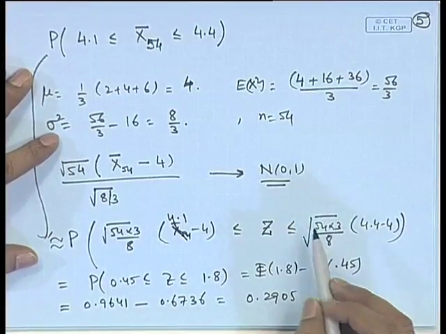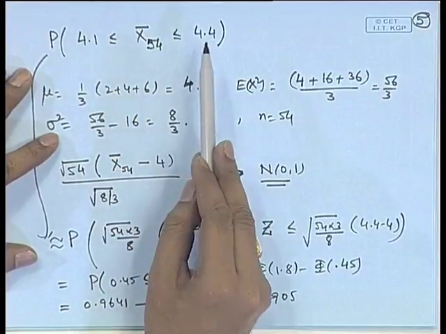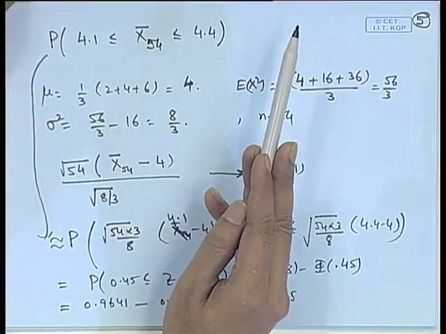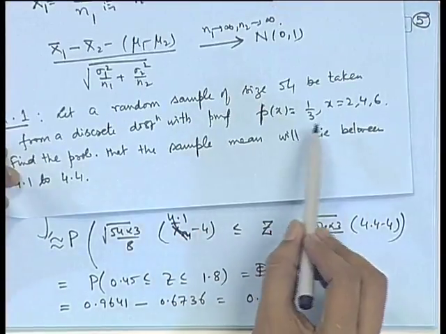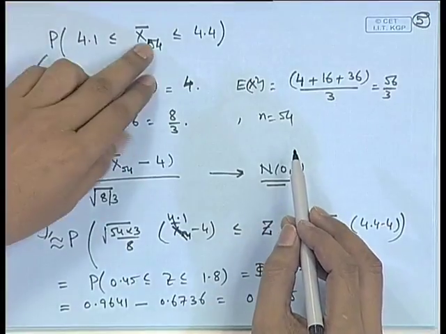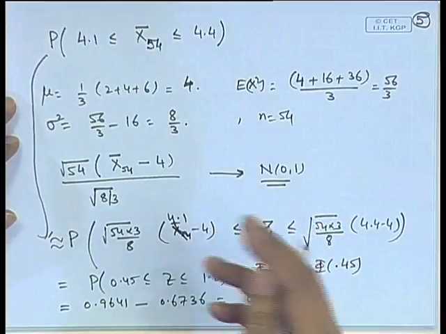That is approximately 30% of the time the sample mean will lie between 4.1 to 4.4. Here we notice that the original distribution is uniform. So, the distribution of X 54 bar will be very complicated. We have seen earlier that the sum of two independent continuous uniform distributions is a triangular distribution.